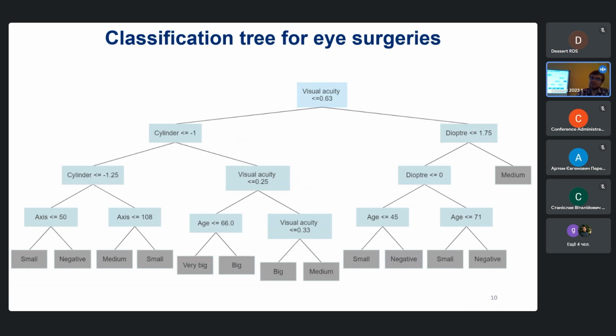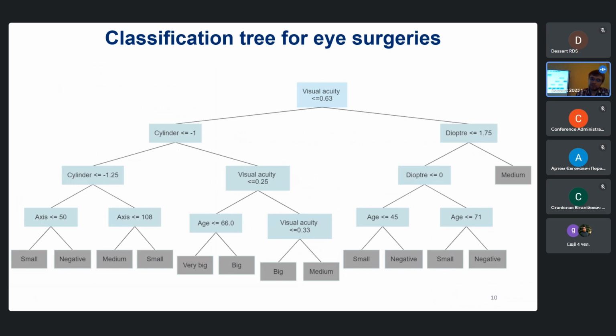And as you can see, the visual acuity before operation was quite important, because patients with relatively good vision before operation don't have such a big room for improvement.